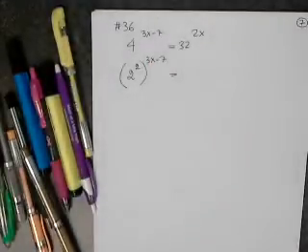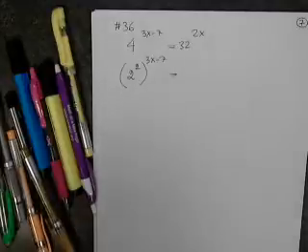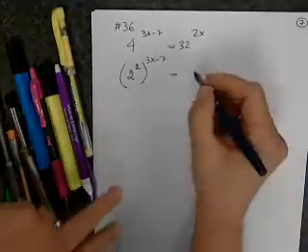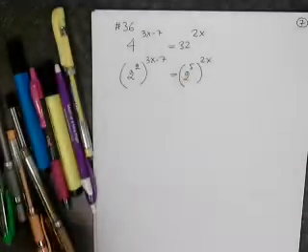Please find a way of writing the right-hand side, which is 32, the base on the right-hand side, with the same base. 2 to the 5th. So 2 to the 5th, and everything raised to that power.